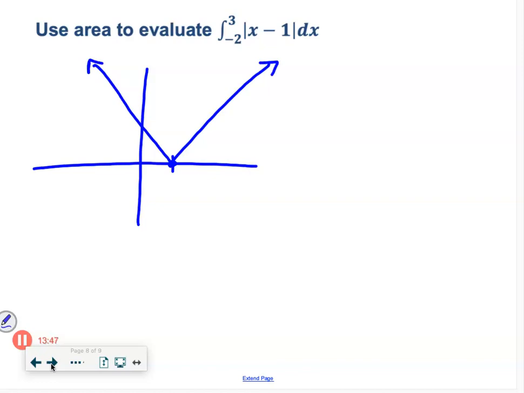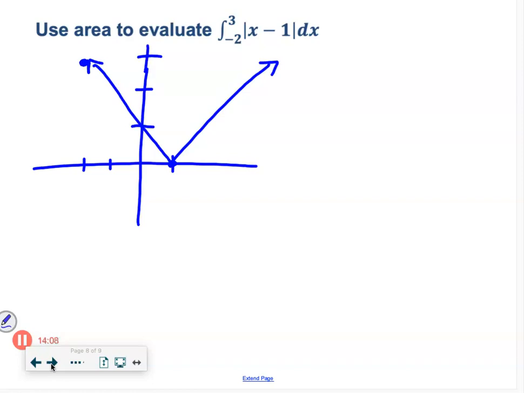So at -2, and you can just plug it in, right? If you plug in the -2 just to find the y value, at x equals -2, you're up at 3. So I don't know how to draw this well. That's 1, 2, 3. There we go. So let's pretend we're up there.